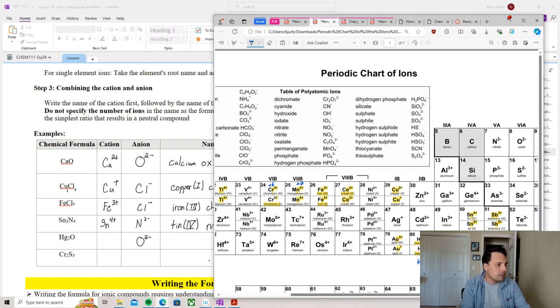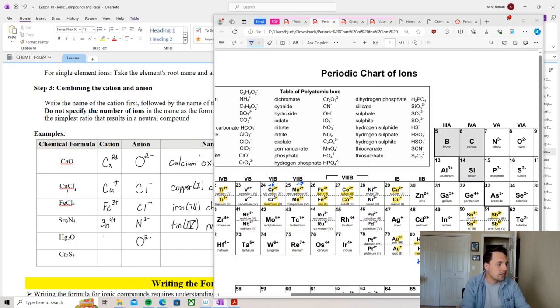So when we look at this compound that results, oxygen normally has a 2- charge, and the 2 here, this subscript, is referring to this diatomic molecule.